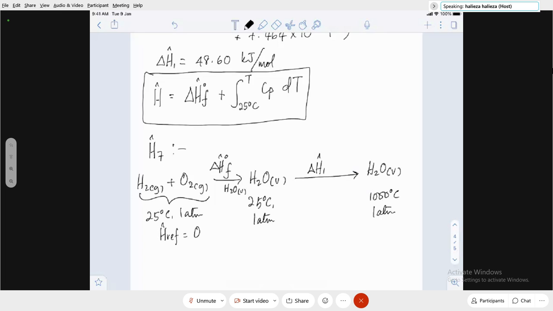For water, it's also listed in appendix B8, so you can get this from appendix B8. You don't need to integrate. And your heat of formation for water, which I asked you to write down, is minus 241.83 kilojoules per mole.